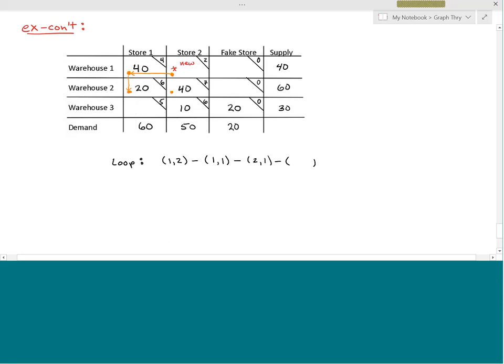One is that it's the only other number in row 2. But even if it wasn't, 2, 2 is the only other cell that is in the same column as our first cell and the same row as our previous one. So I'm going to put it here, and at this point, we can close up that circuit.